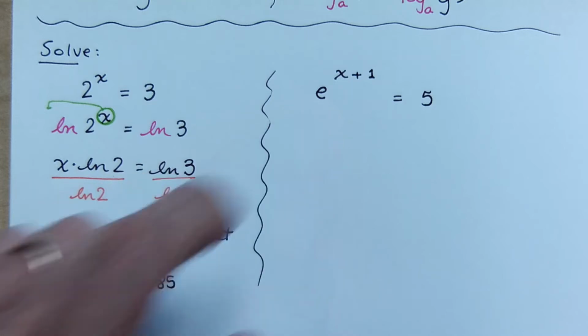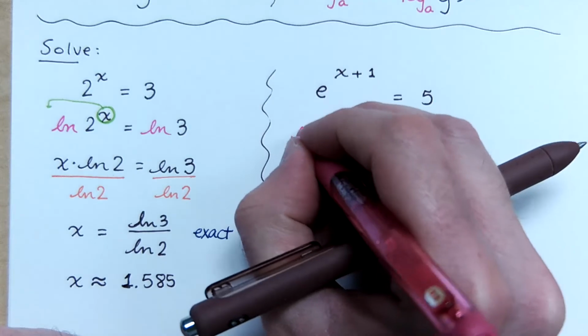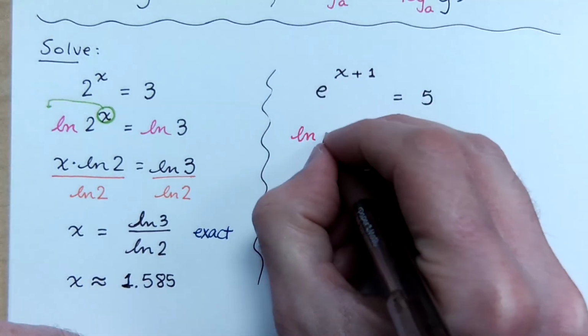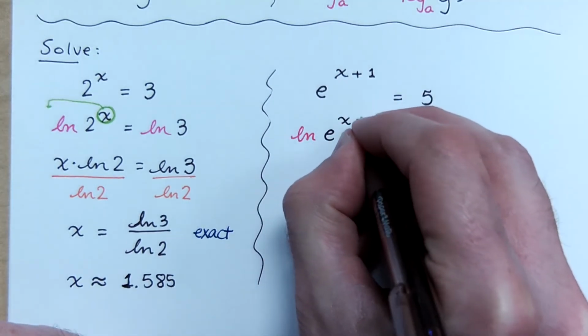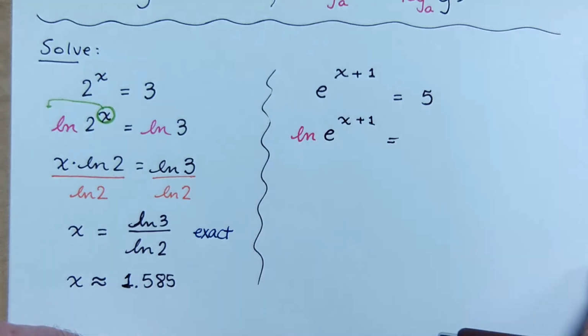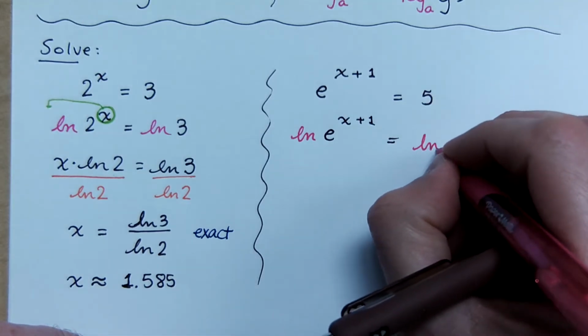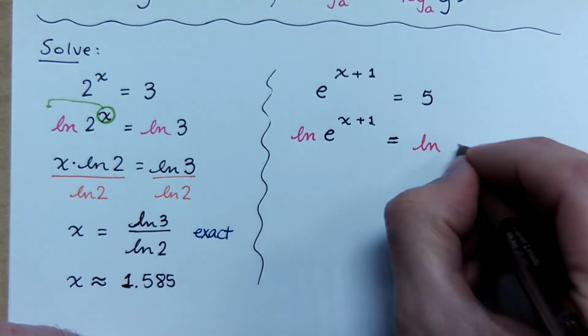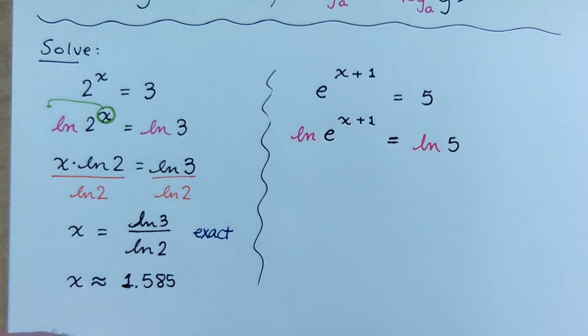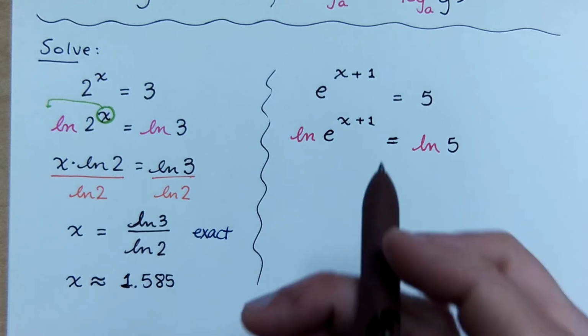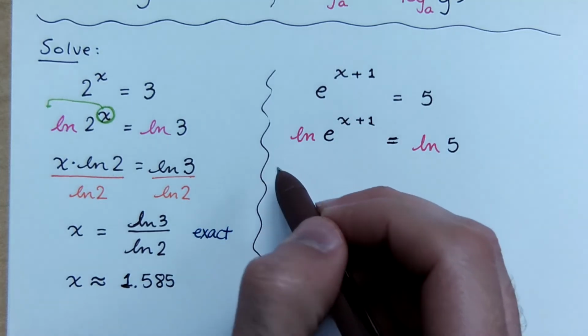The natural log. So, the natural log of e to the x plus 1 equals the natural log of 5. Now, I know some of you are motioning that we're going to bring the x plus 1 out front.